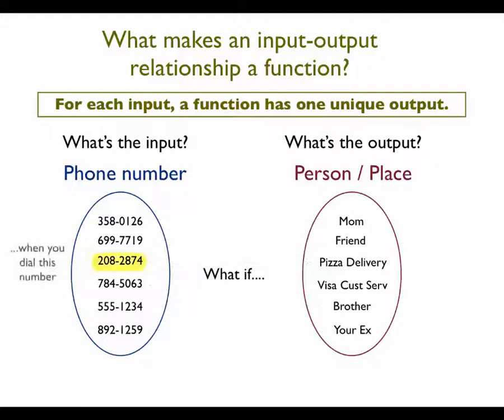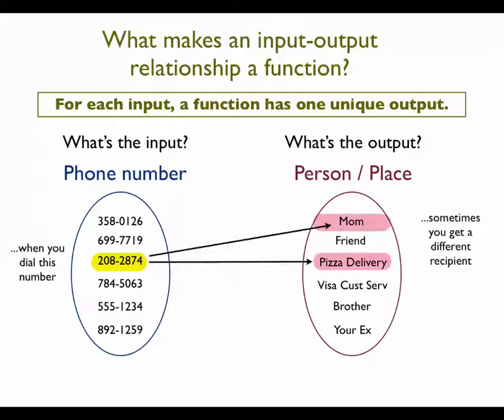But what if this? You dial this number, sometimes you get your mom. Sometimes you get the pizza place. Call this number, sometimes you get your brother. Sometimes you get your ex. How about this phone?